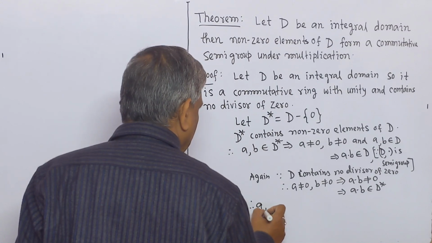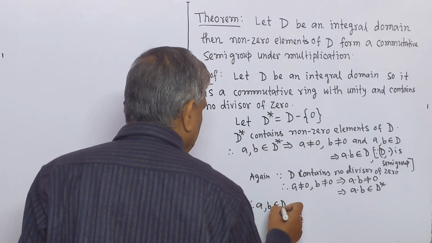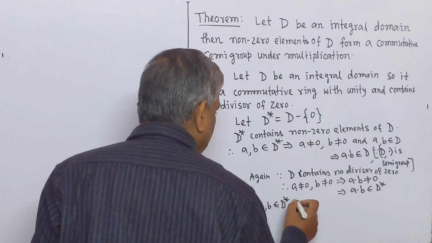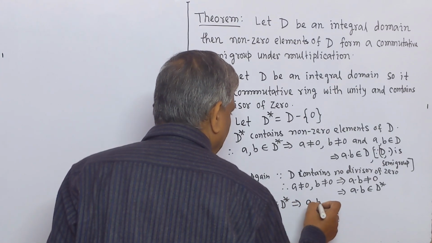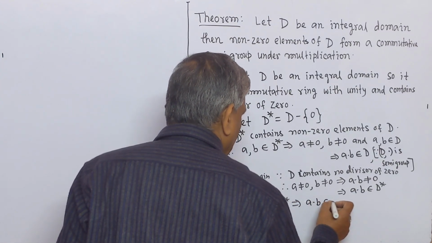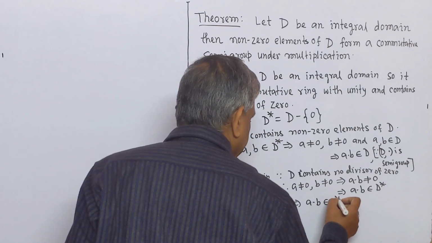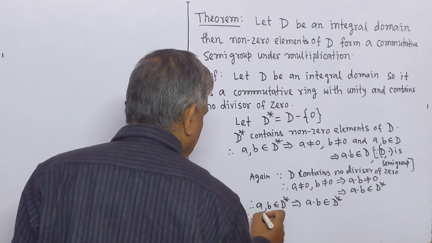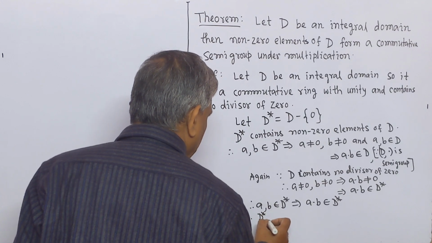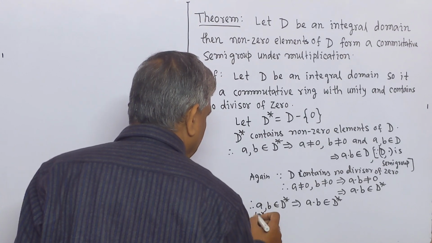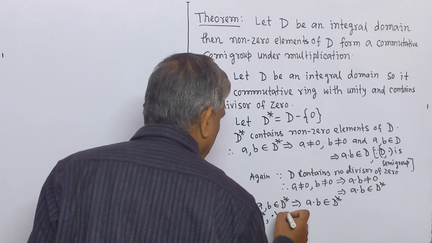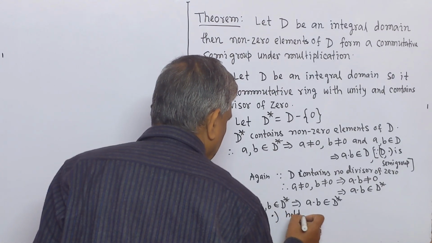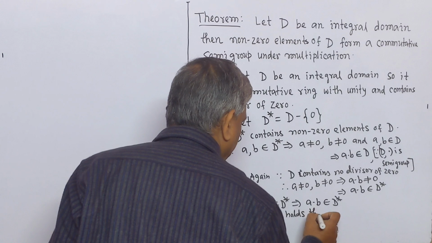Therefore, a, b belong to D star implies that a multiply b belongs to D star. Therefore, D star with binary composition multiplication holds the closure property.